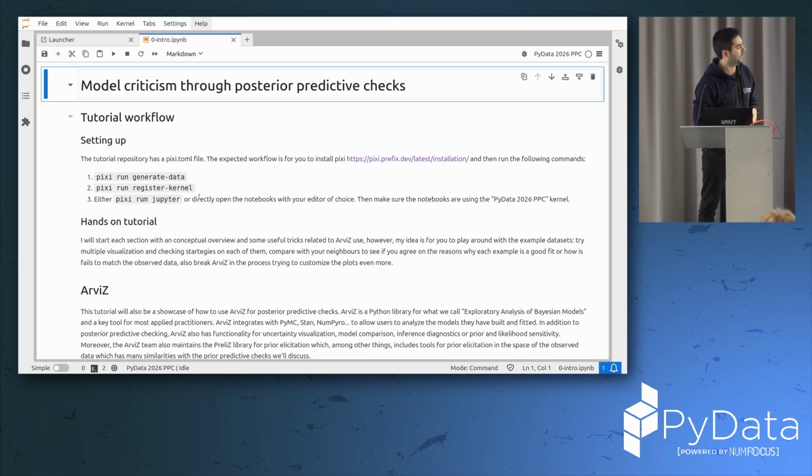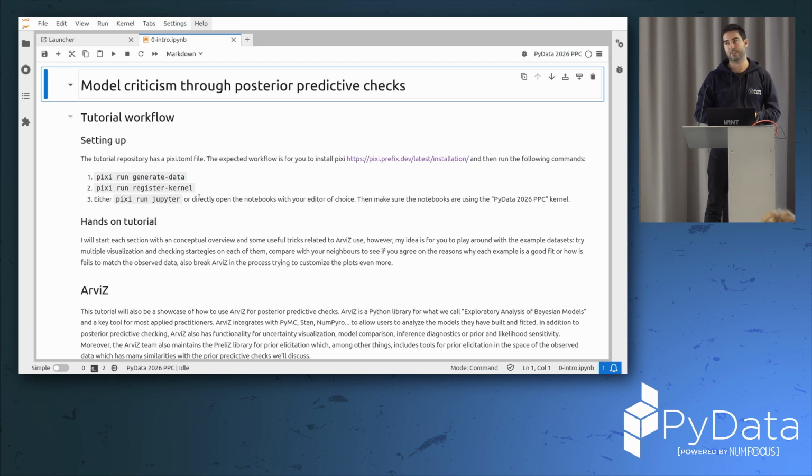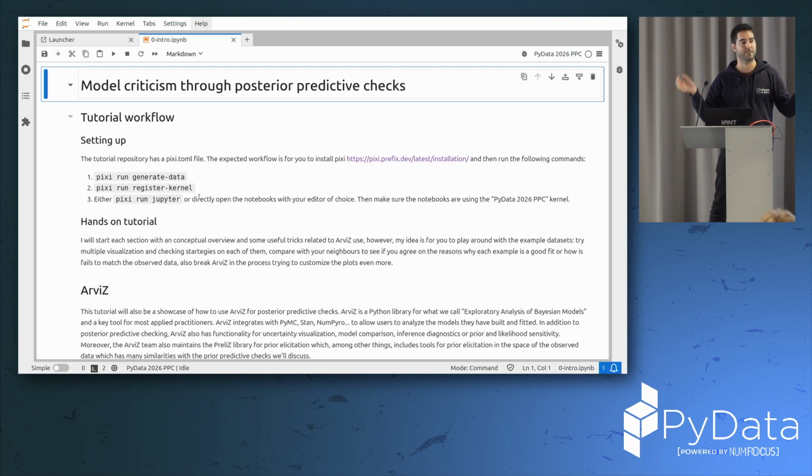I have set up Pixi so that it's easier that we are all running on the same environment, because I'm also running this on a branch of ArviZ that I haven't yet even merged into main, much less released, so that we can do fancier things when it comes to posterior predictive checks, groupings for continuous variables that have hierarchy, categorical splits, and things like that.